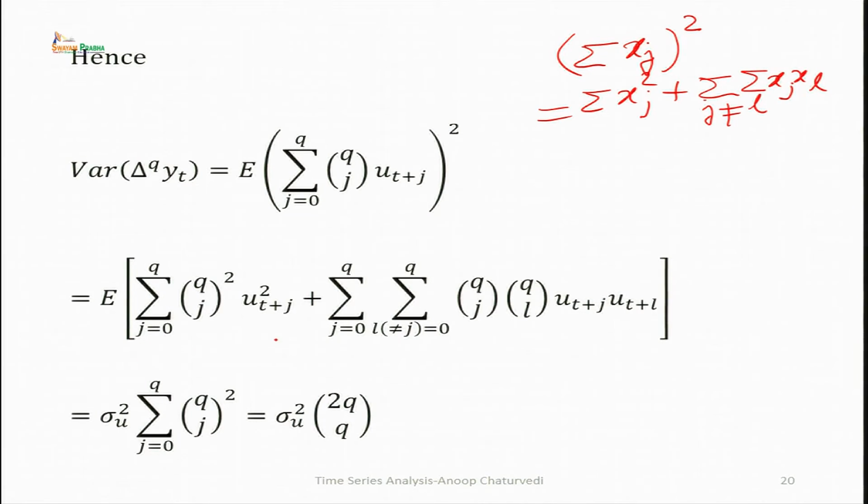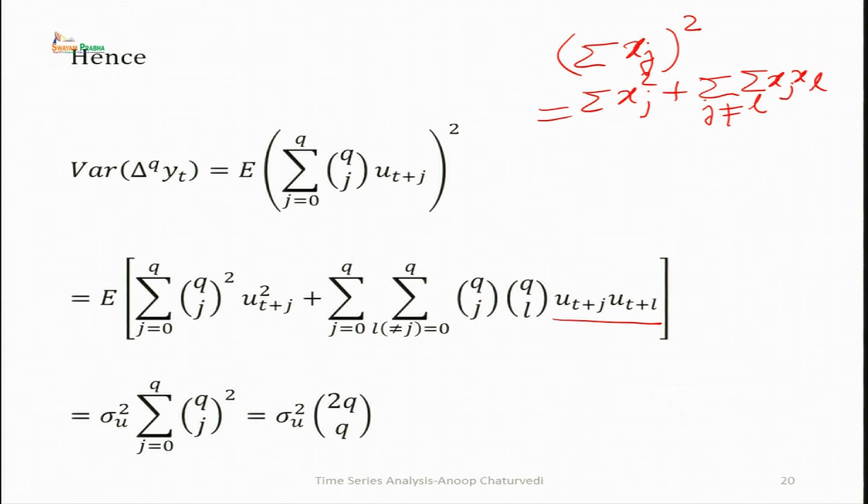So, we get this term. Now, if you take expectation, then expectation of this term becomes 0 for j not equal to L. So, this term vanishes, and expectation of u t plus j square is equal to sigma square u. So, finally, you get sigma square u summation j equal to 0 to q, q c j square.